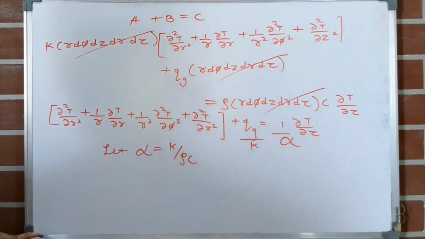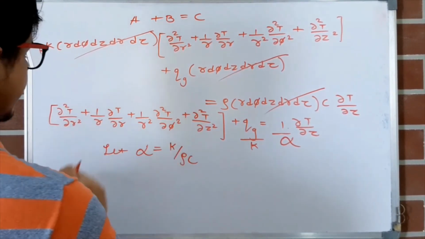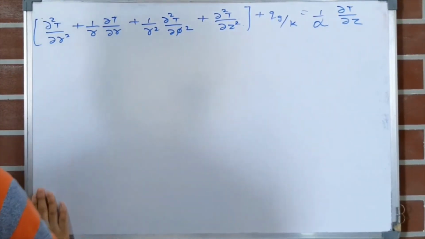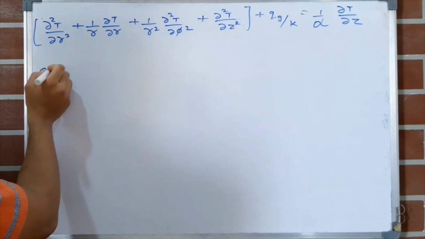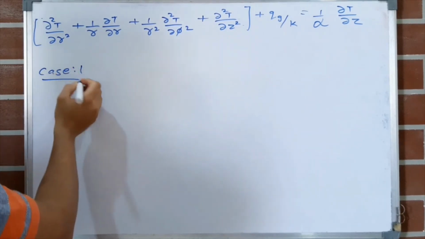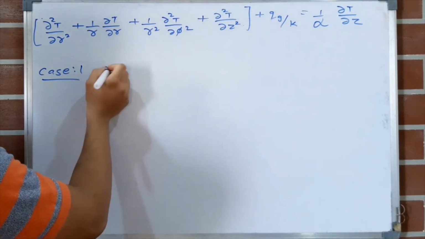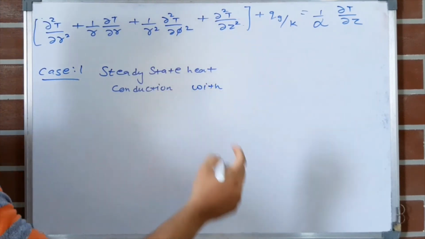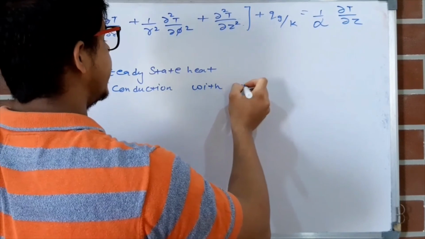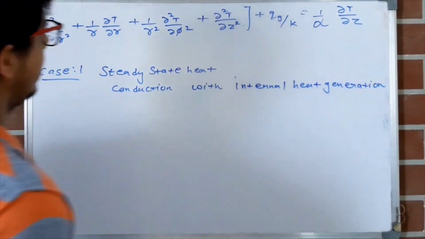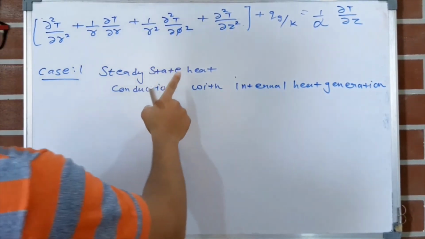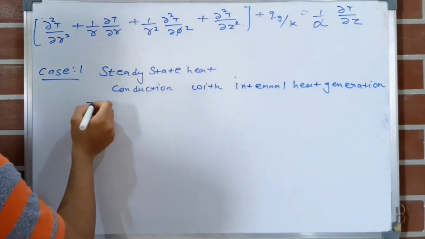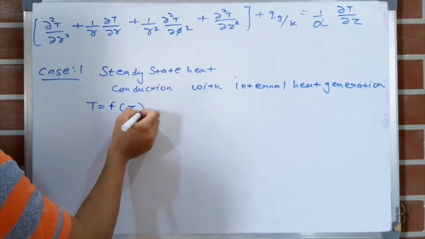Now we will see the different cases. So case 1 is steady state heat conduction with internal heat generation. Here steady state means temperature is not changing with time, so temperature is not a function of time tau.